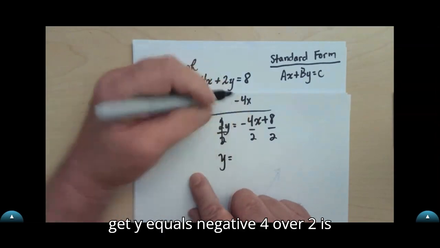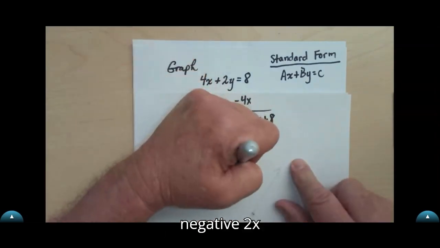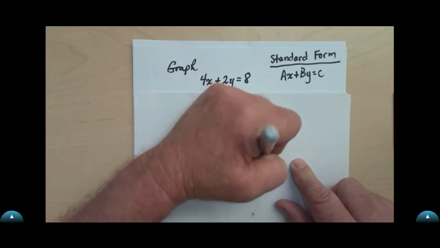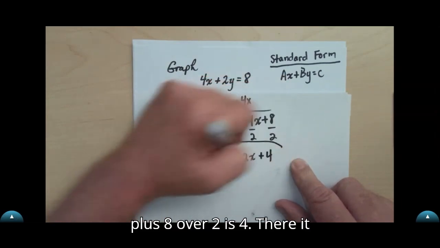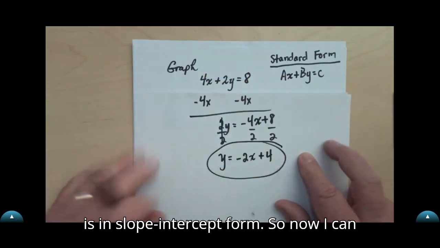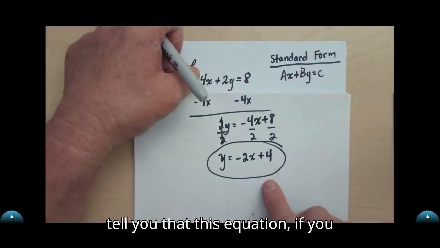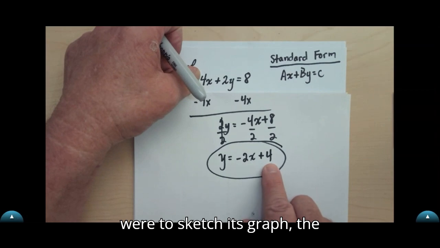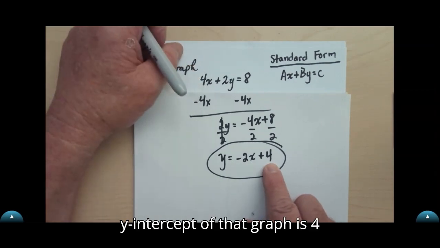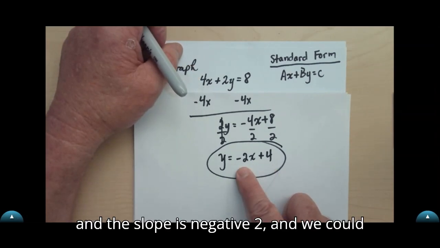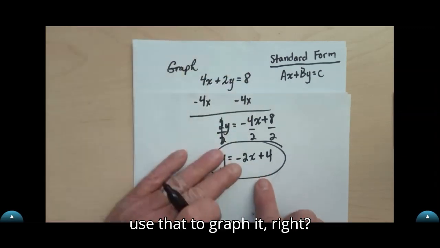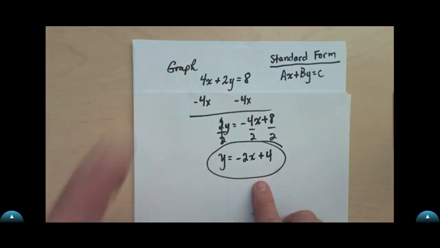And I get y equals -4 over 2 is -2x plus 8 over 2 is 4. There it is in slope-intercept form. So now I can tell you that this equation, if you were to sketch its graph, the y-intercept of that graph is 4. And the slope is -2. And we could use that to graph it, right?